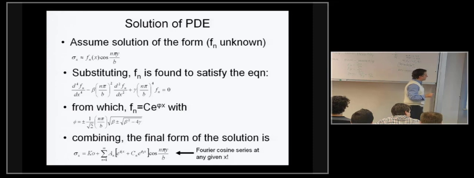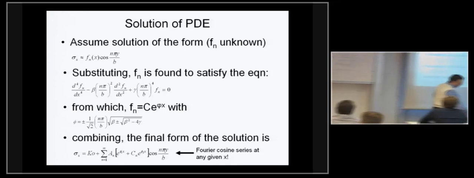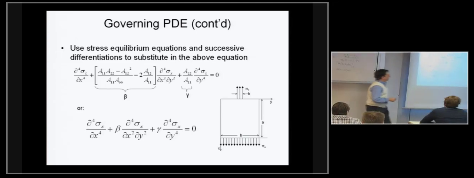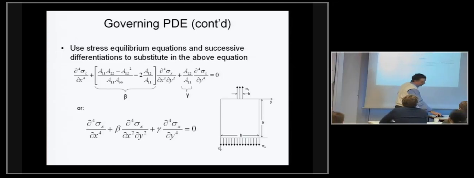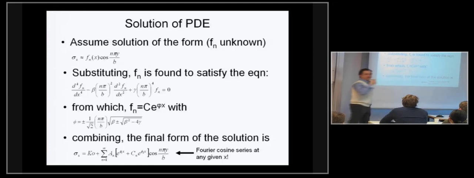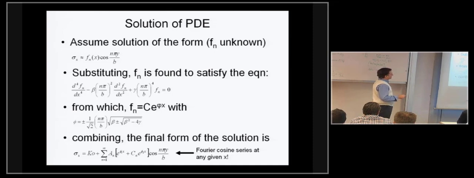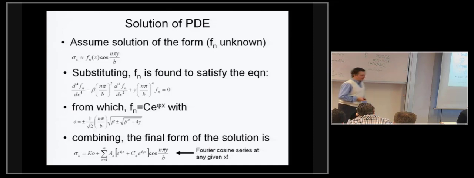If I use this and I substitute in my governing equation shown here at the bottom, then the y dependence disappears because I have even derivatives of y, so the cosines reappear, and I'm left with a single equation on x, an ordinary differential equation, fourth order on x, which from standard differential equation theory, it's in terms of exponentials with the exponents. 4 exponents, plus or minus here and plus or minus there, means that I have 4 different exponents.